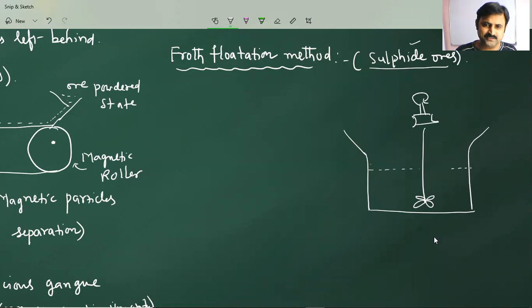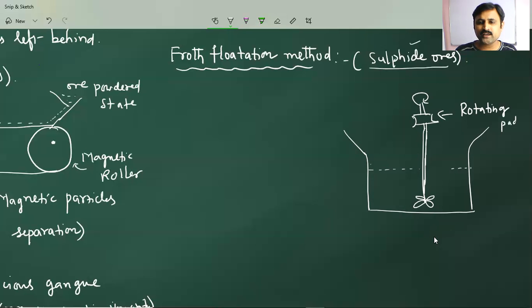Using this apparatus, we will mix the entire liquid.